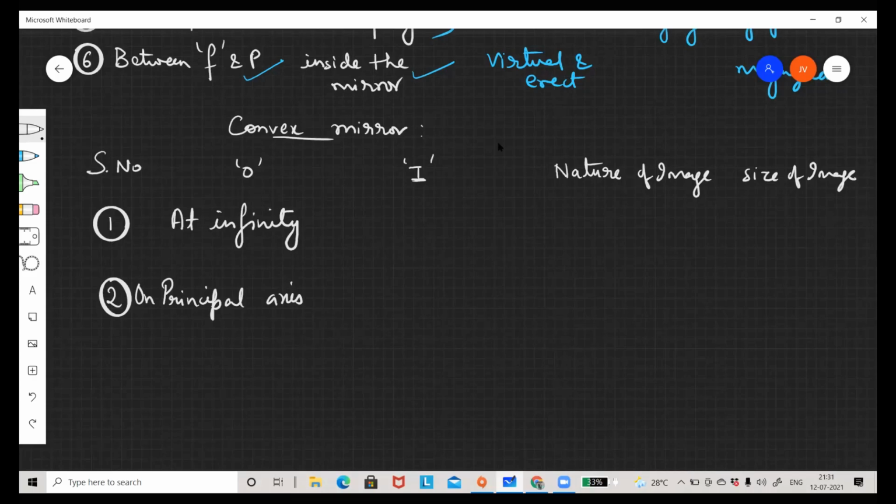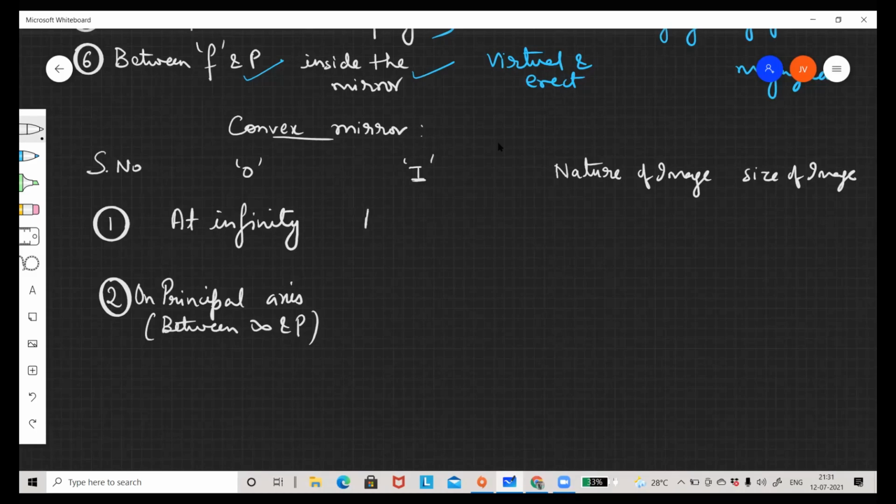So object at infinity, then image between infinity and the pole, between infinity and P. That's also a point. That means not at infinity, right? So where is the image formed?